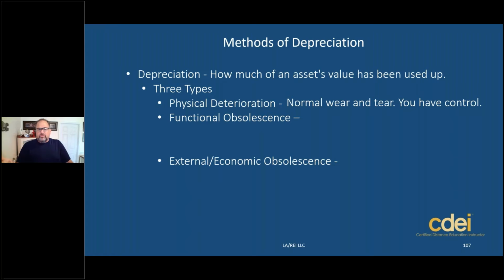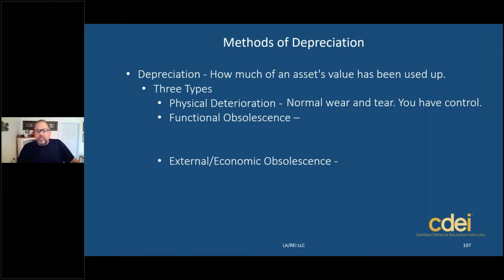You may have weather damage, your roof may be out, may have leaks. In other words, no money was put back into the property to maintain it. So the value of the property in its physical presence, over time, just deteriorates. So that's normal wear and tear. You, the property owner, have control over this.